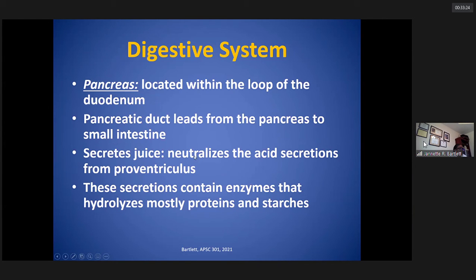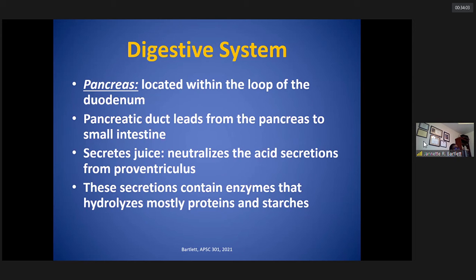These juices secreted by the pancreas are used to neutralize the acid secretions coming from the proventriculus. Remember, I said that all these gastric juices secreted in the proventriculus are acidic. This then mixes with the food and passes along. So the bicarbonates and other pancreatic juices also neutralize some of these acid secretions in the food bolus coming down from the proventriculus.